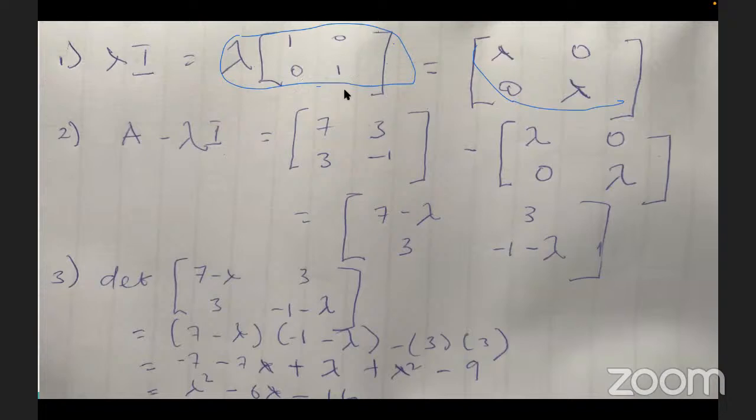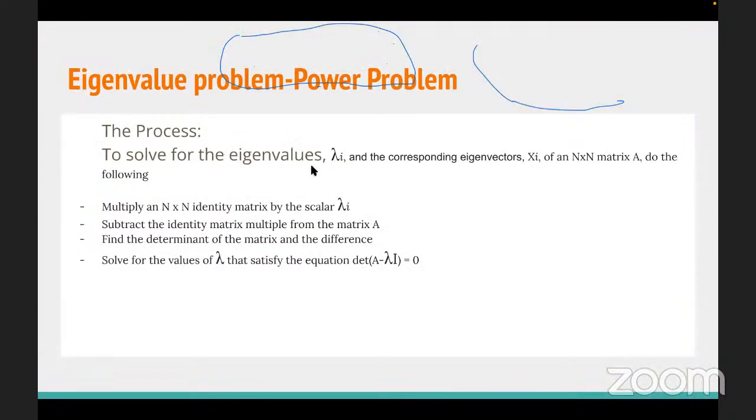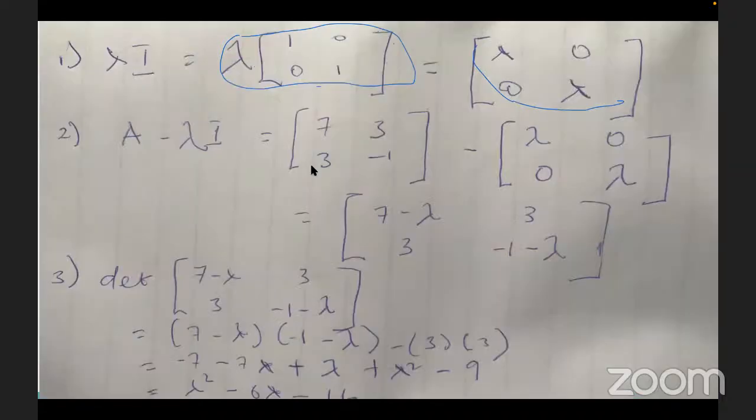Then step 2 says we subtract the identity matrix multiple from the real matrix whose eigenvalue we want. This is the real matrix, an example: 7, 3, 3 and minus 1.